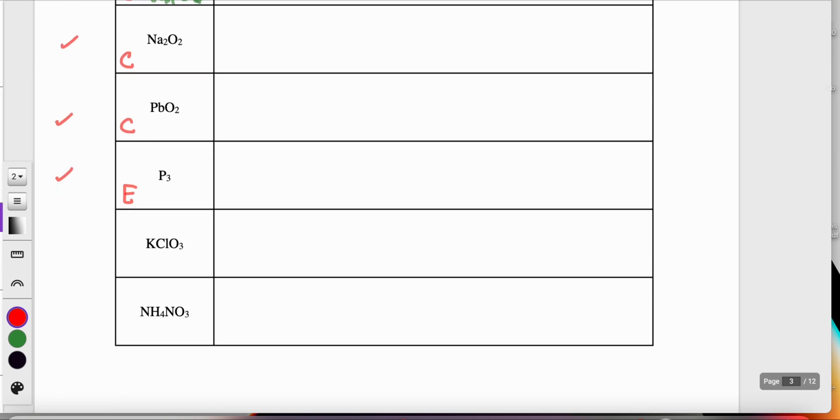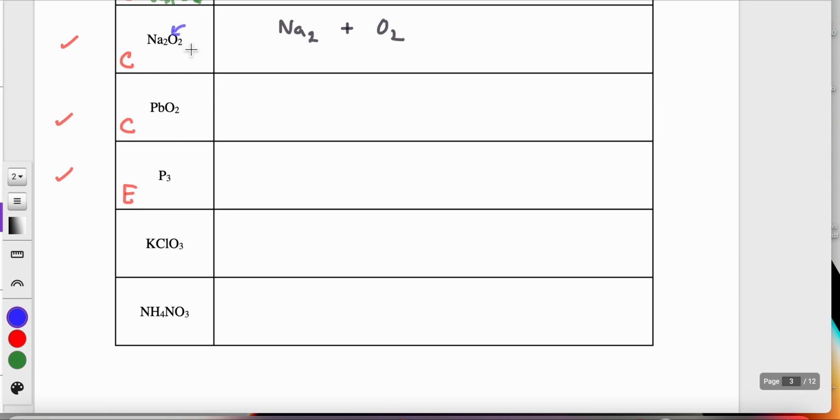Now, when I take a look at this next example, Na2O2, I'm going to just keep working through this as I've done all of the others. So I notice in this structure it contains oxygen.